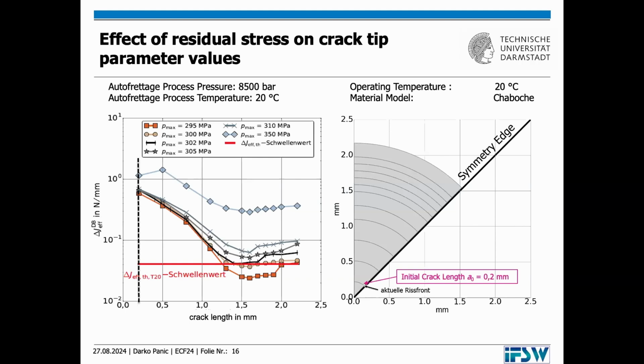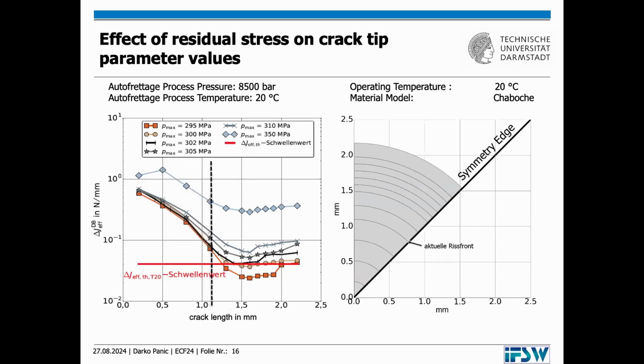On the right side, the geometry of the specimen is shown with the initial crack length and the black arrow indicating the current, how do you say, crack front. When I press the button here, the crack front expands, and on the left side, we see the corresponding crack tip value in relation to the crack length. Here we go. You see this?